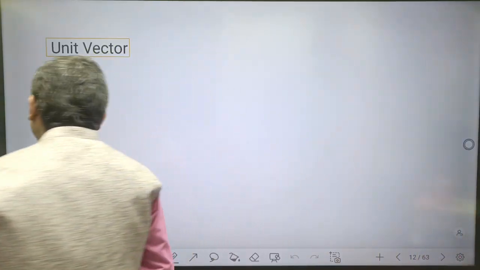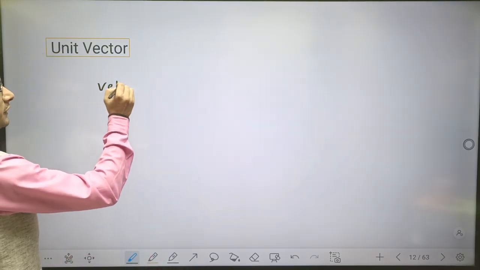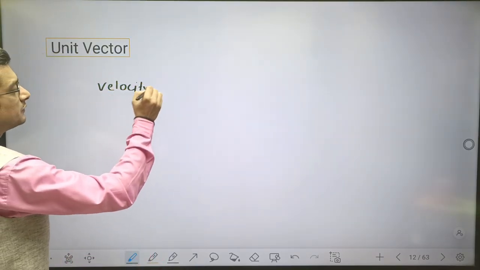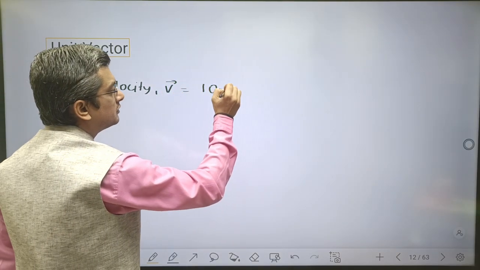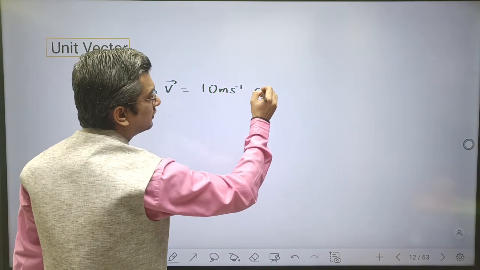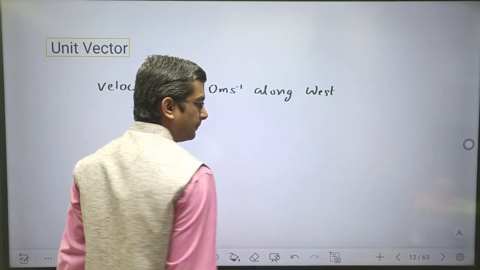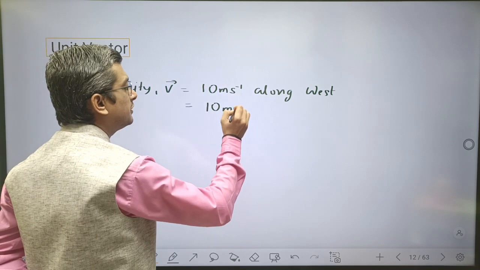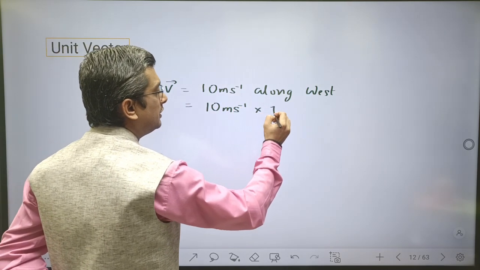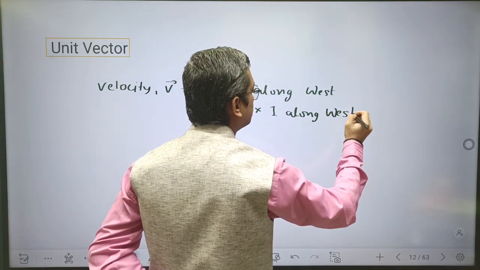Next is the unit vector. It is very important. If I write the velocity of any object, velocity represented by v, this is 10 meter per second along west. So this can be written as, dear students, 10 meter per second into 1 along west.